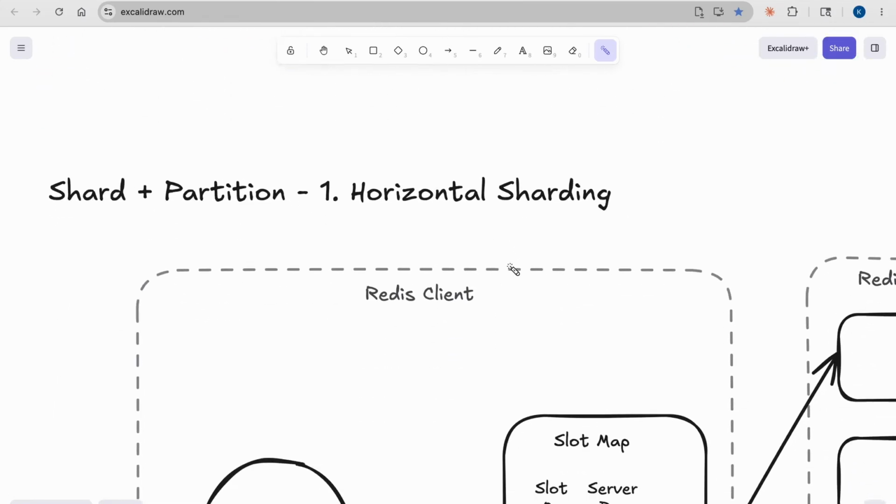Now let's go to the second point, which is sharding and partitioning. Assume we have tried our hardware upgrade and the database choice. Now assume we have chosen Cassandra and some hardware which can handle 10,000 writes per second.